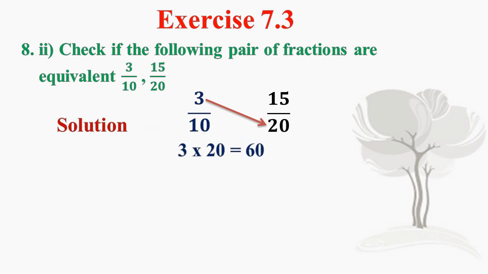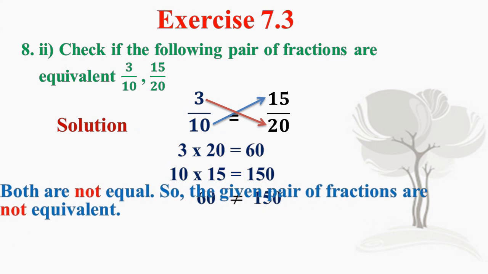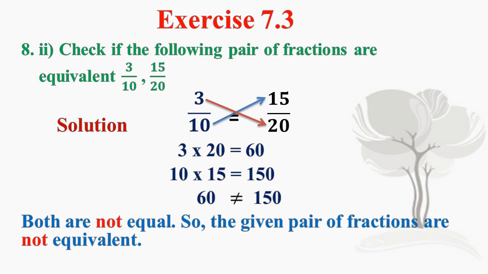Then first denominator into second numerator. So now we are going to multiply 10 into 15, we'll get 150. So both are same? 60 equal to 150? No, because both are not equal. So we can write both are not equal. So the given pair of fractions are not equal.